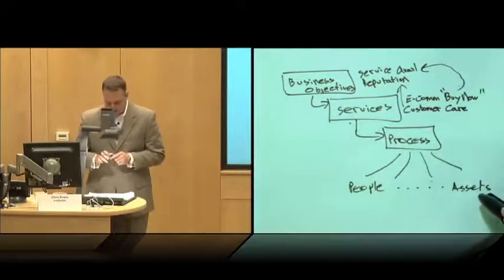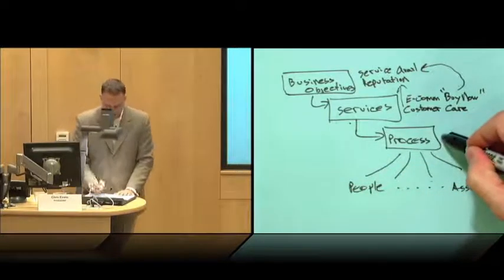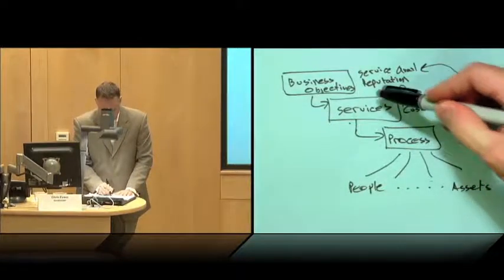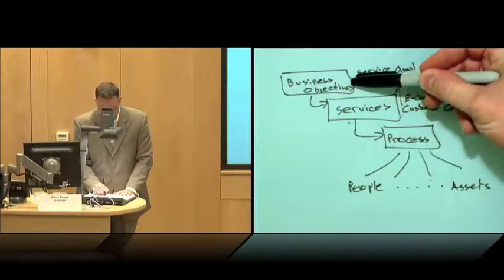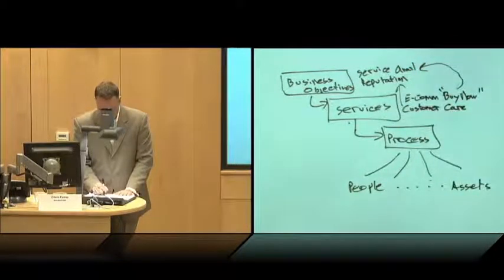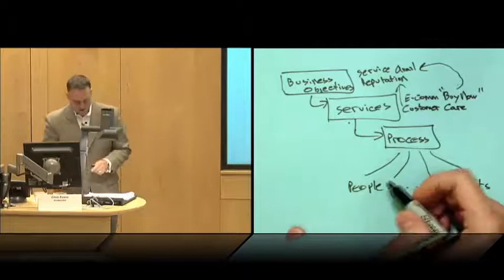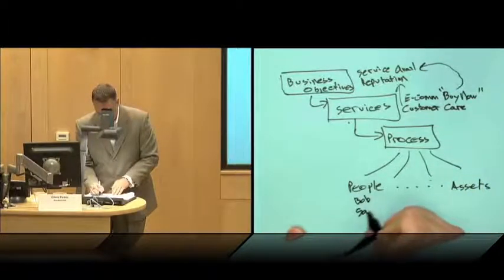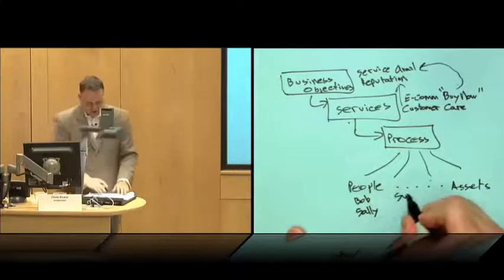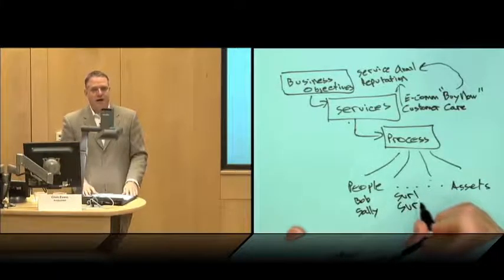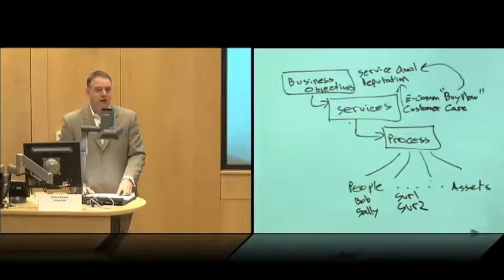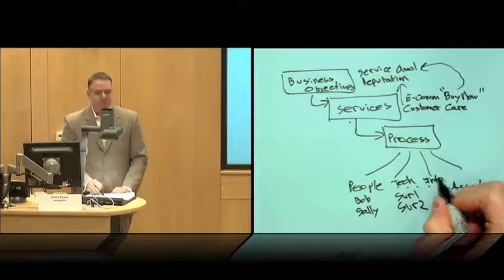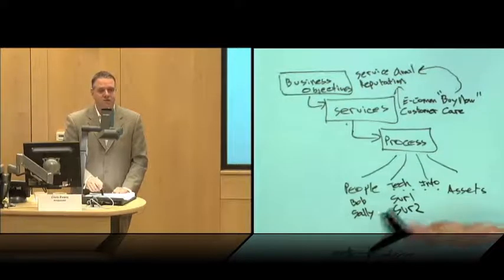So by doing this process, you should be able to backtrack all the way down to something like this, where you have people, tech, info. So in my asset list, I will have people. I have Bob, I have Sally, I have Jim, whatever. In my tech list, I might have server 1 and server 2.